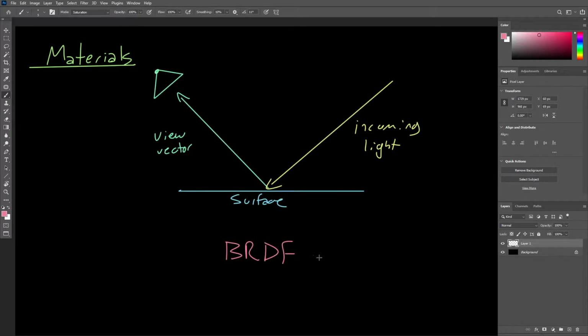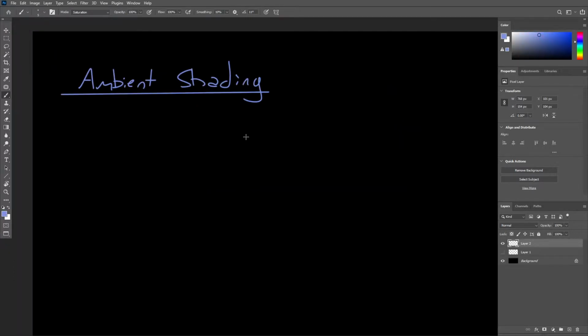Now, to understand how BRDFs work, let's consider a very simple material model and break it down into individual shading components that we can directly observe, or at least imagine, in the real world. So let's start with ambient shading.